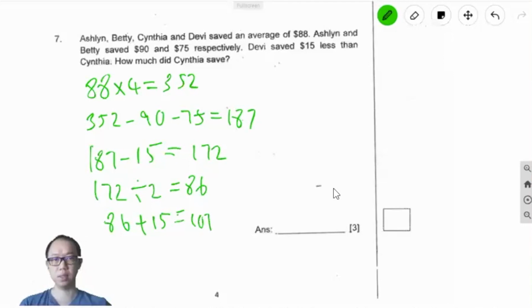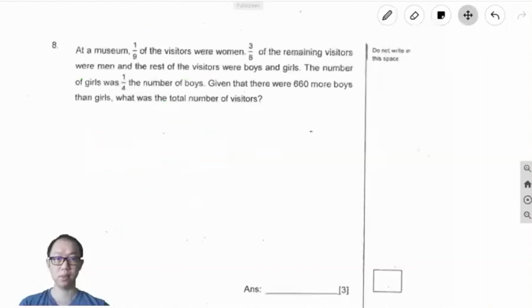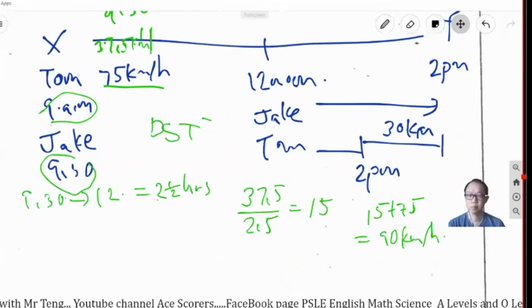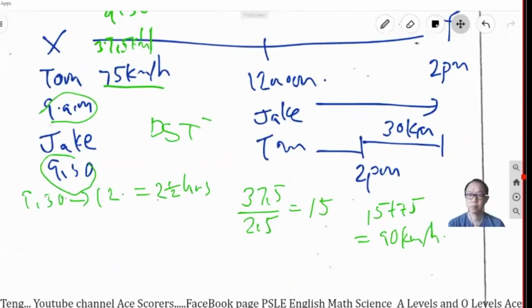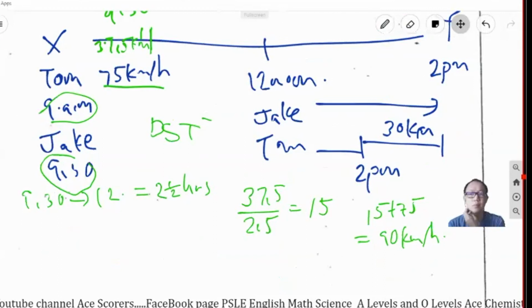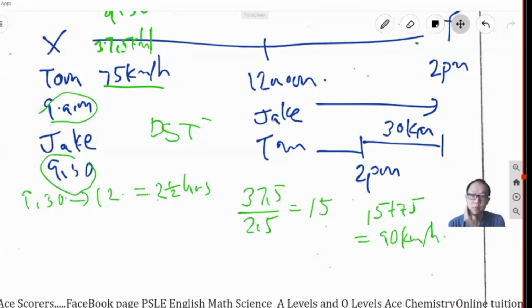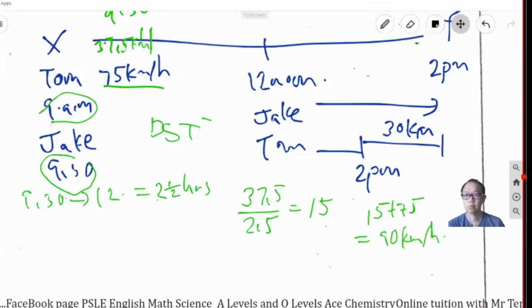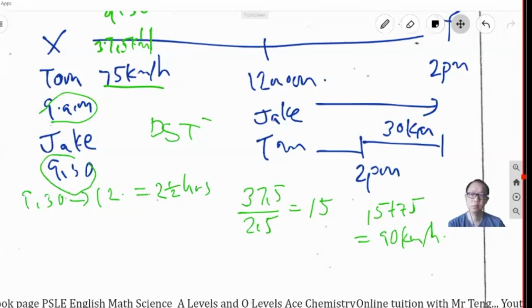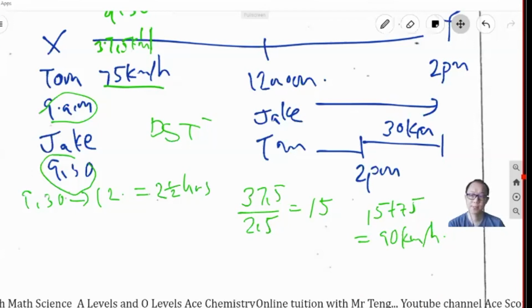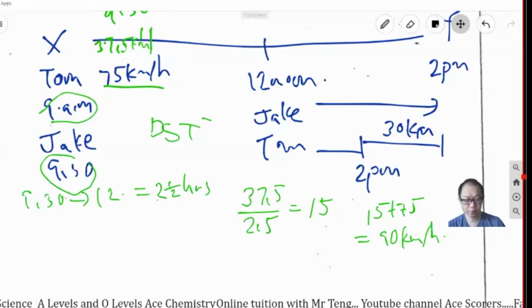Next one. It's pretty okay. Wow, this is another difficult one. Museum question. Okay, so if this is fine, I am moving on.